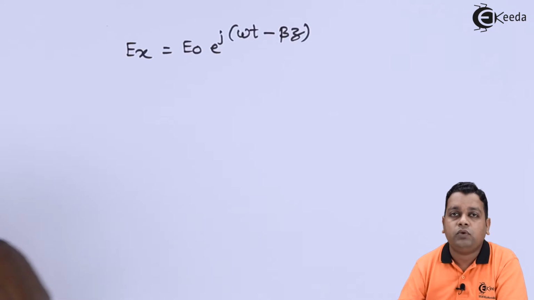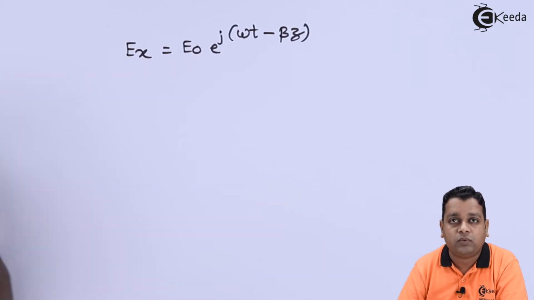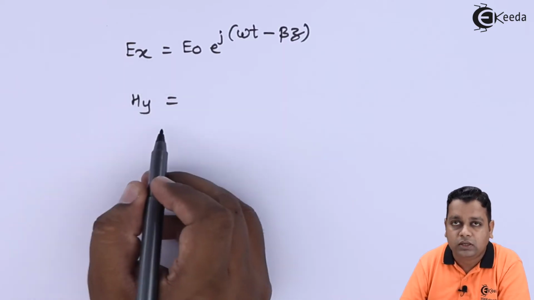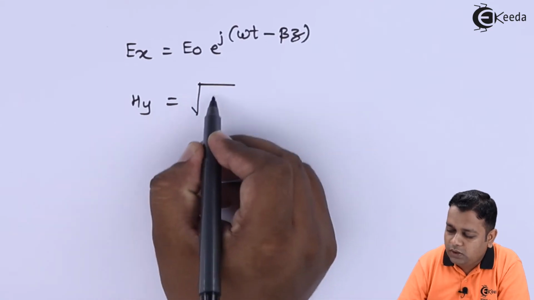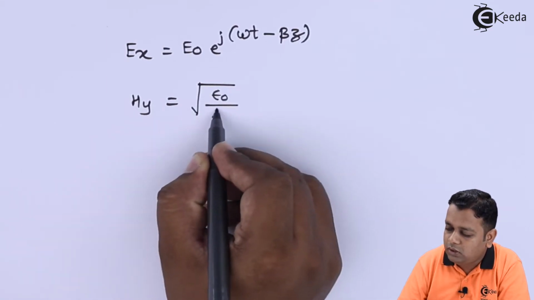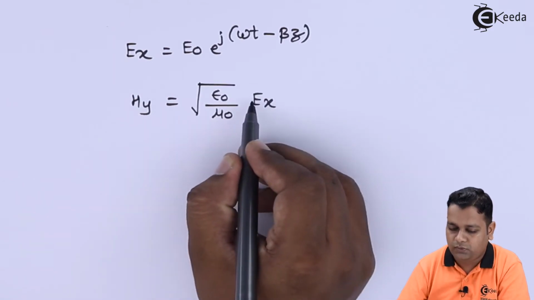Now if we have the Ex component, we must have the Hy component, obtained by using the equations that we have studied up till now. So the Hy component using Ex can be obtained as the square root of, in the numerator, epsilon 0 divided by mu 0 into the Ex component.